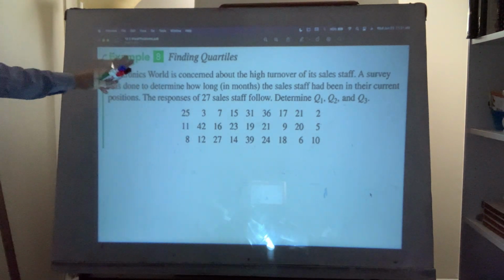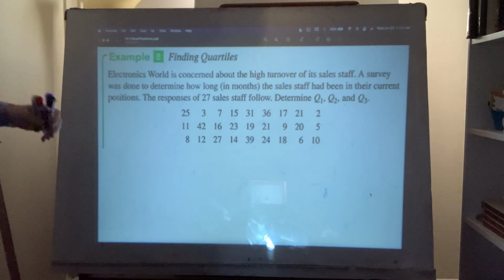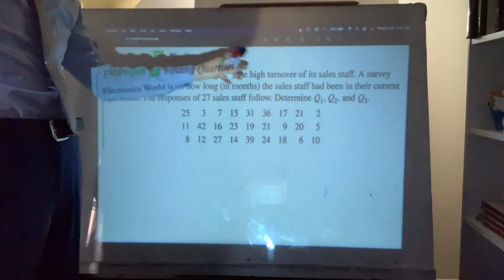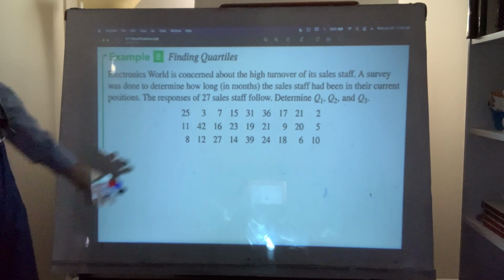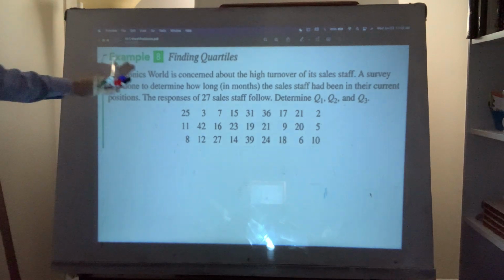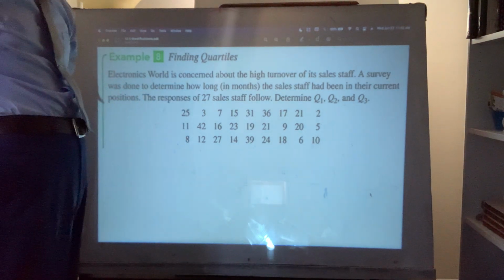Electronics world is concerned about the high turnover of its sales staff. High turnover is a bunch of people quitting their job. A survey was done to determine how long in months the sales staff had been in their current position. The responses of 27 sales staff follow. Determine quartile 1, 2, and 3 subscripts. Now notice that this is a jumbled mess.